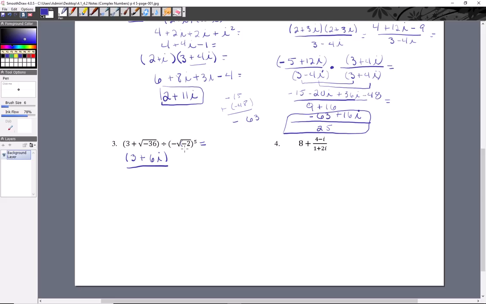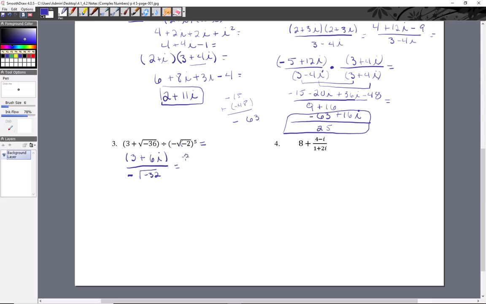2 to the 5th, I believe, is 32. Since you're raising a negative to an odd number quantity, that will still be negative. So this is the opposite of the square root of negative 32. That'll bear a little simplifying.